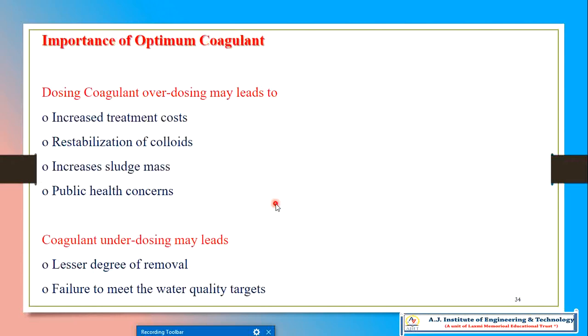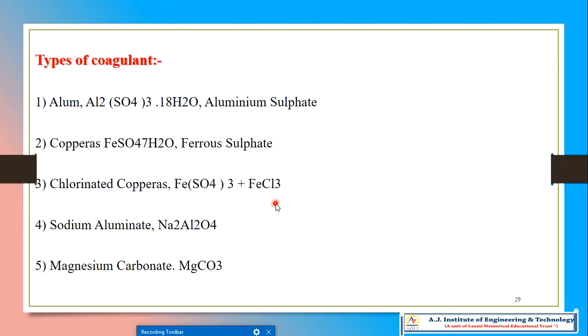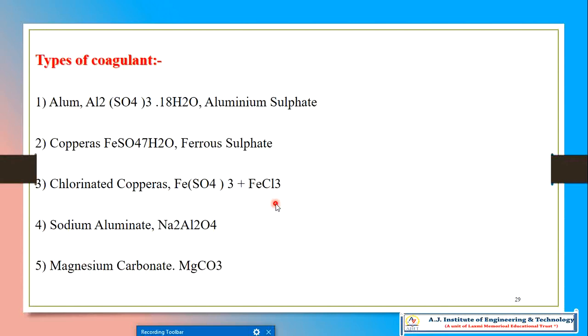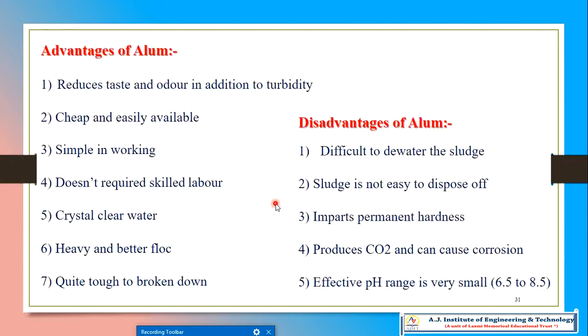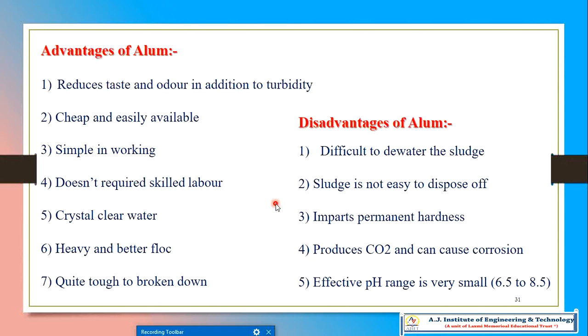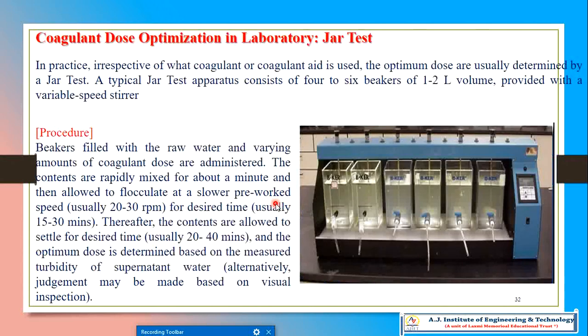So now we'll recall today's topic, that is, what we discussed today. The types of coagulant, alum, how alum works in the water, the advantages and disadvantages of alum, and the coagulant dose optimization test, that is, how we do the optimum dose test in the laboratory.